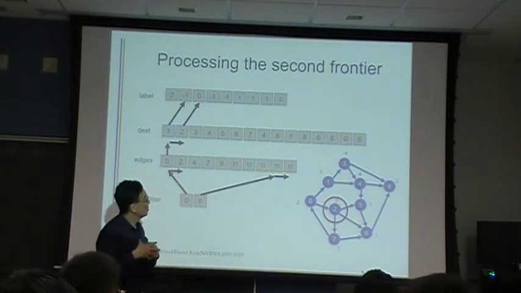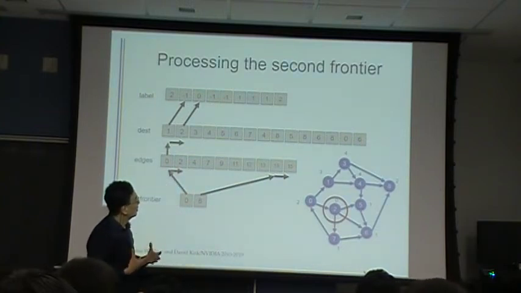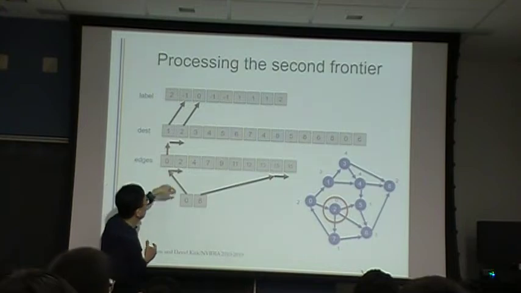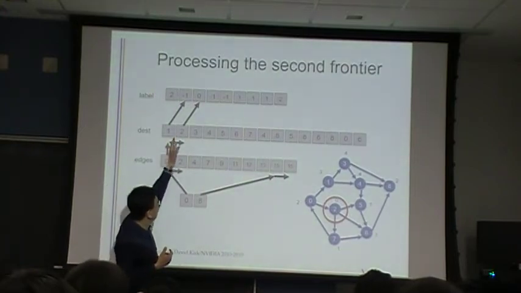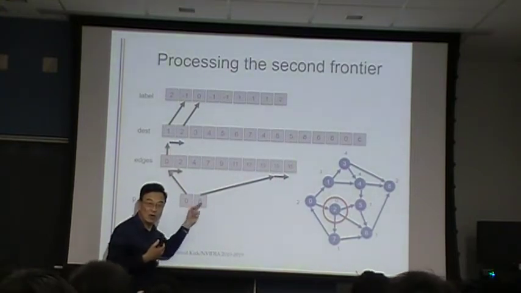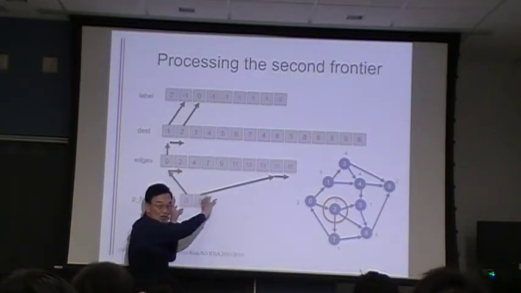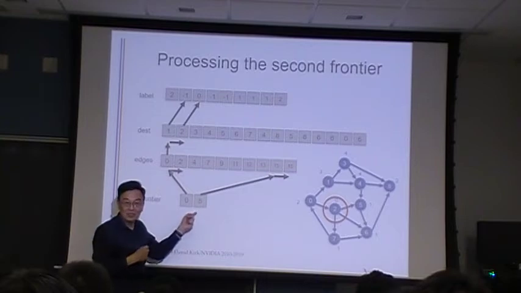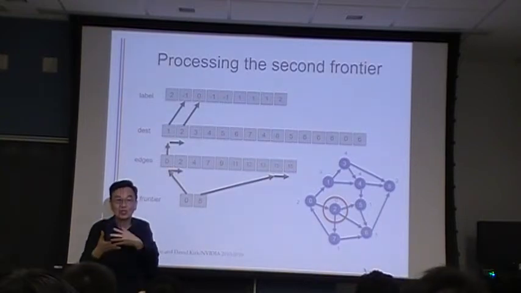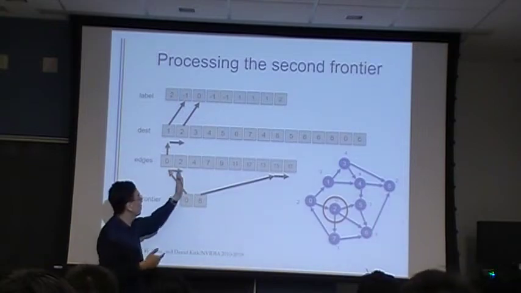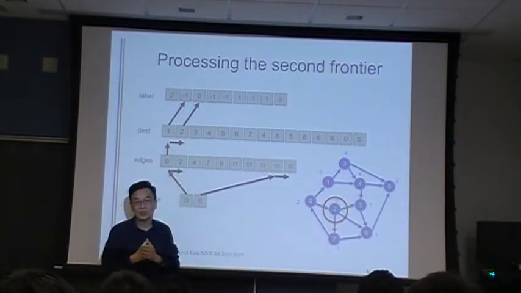So this is the reason why we call this dynamic data extraction, because in every iteration, we're going to take a few of the data, put them into a frontier data structure, and this is the input to the next iteration, right? And then we'll go from there and process through the data structure.